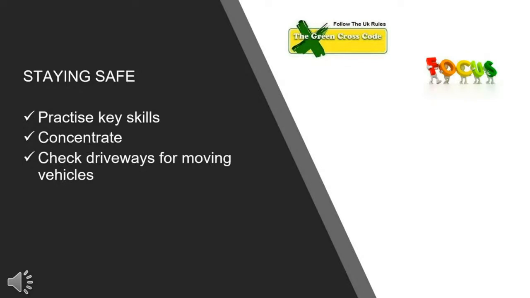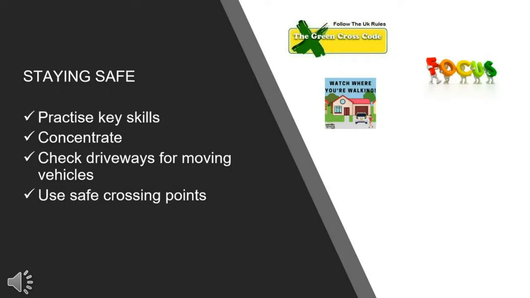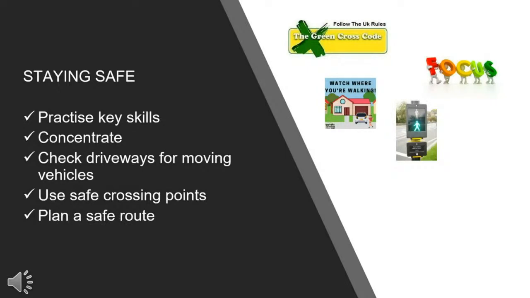Check driveways for moving vehicles. Remember, electric cars we can see but not hear very well. Try and use safe crossing points. Plan a safe route. Google can help you there.